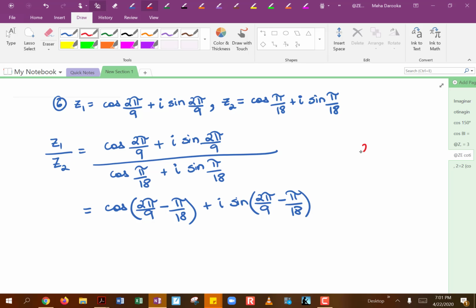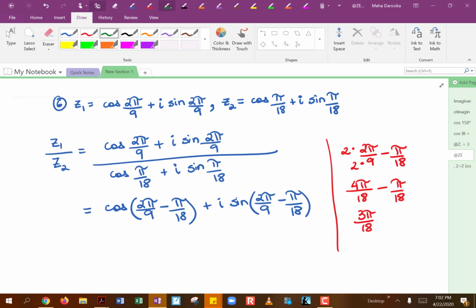So 2 pi over 9 minus pi over 18. Again, find a common denominator. Between 9 and 18, 18 will be the common denominator. So multiply this one by 2, which will give us 4 pi over 18 minus pi over 18, and then 4 pi minus pi will give us 3 pi over 18.